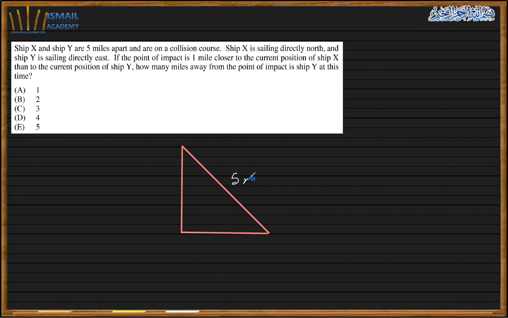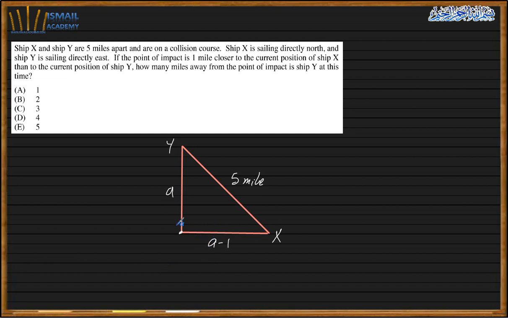So this is my Y. This is my X. All right, directly north, to the current position X. That means this is the distance A. That means this one should be 1 minus A. So how far away from the point of impact is ship Y at that time?